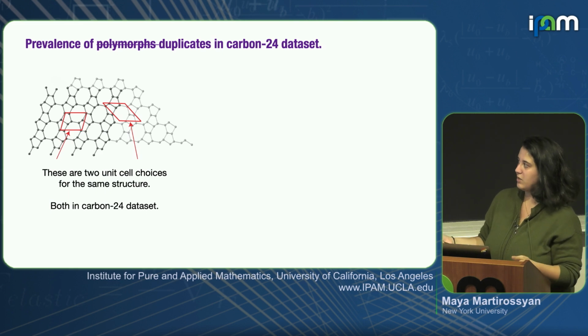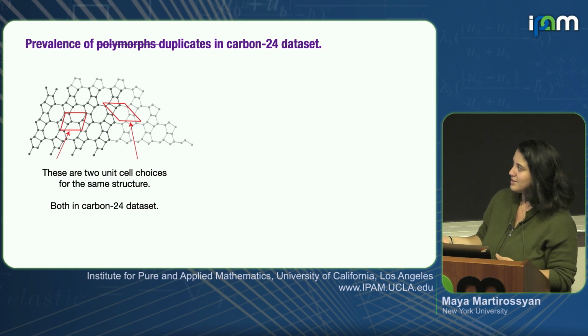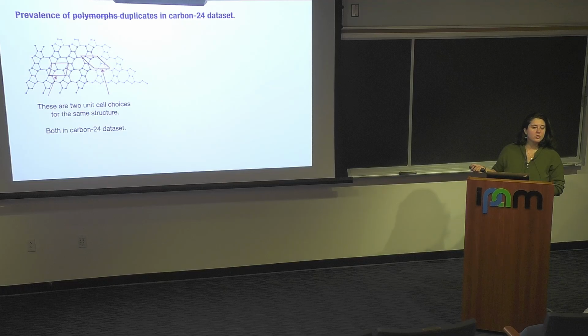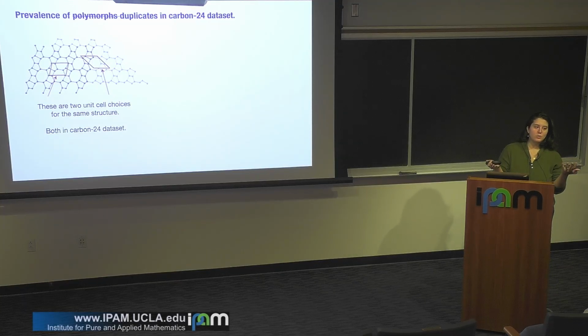We also started digging in that direction, and noticed that there are a lot of replica structures in this data set. I mentioned near the beginning of this talk that you can have the same crystal but different unit cells. That happens quite a bit in this data set.